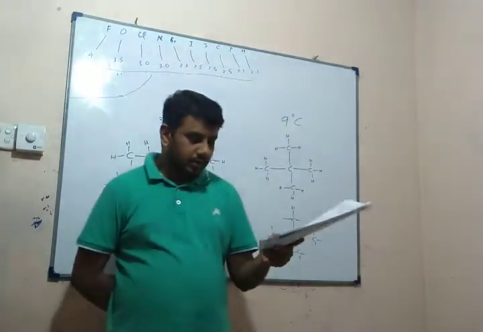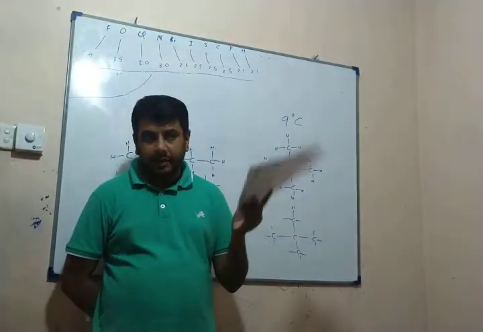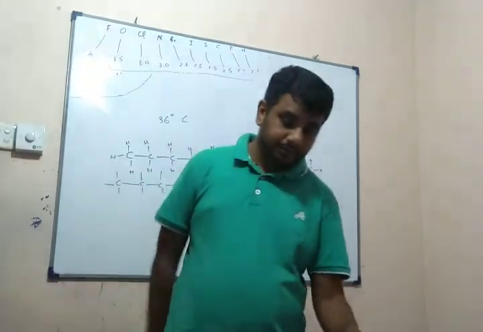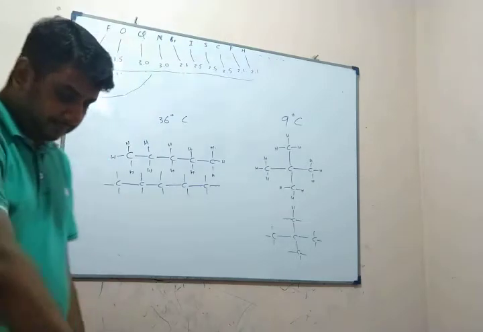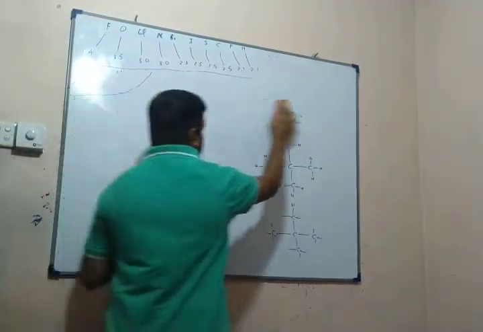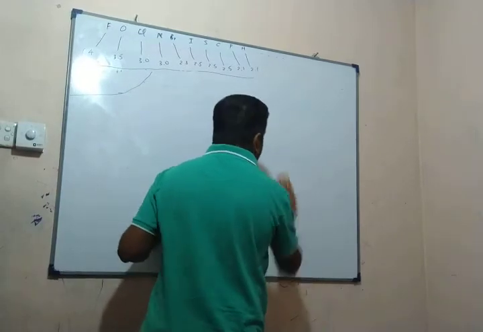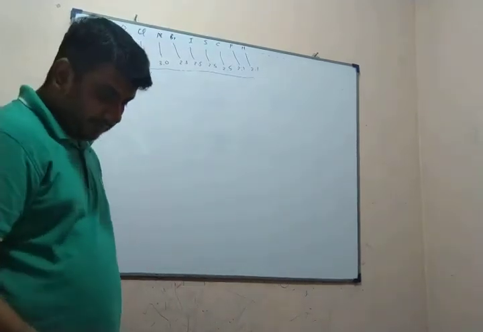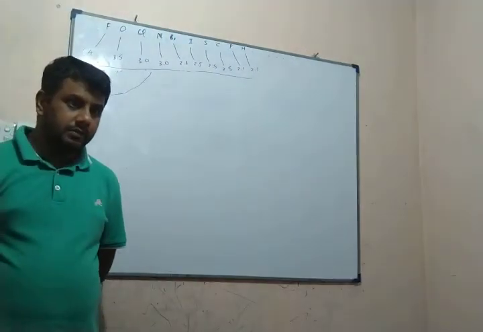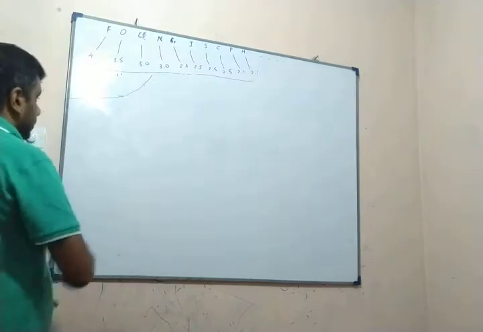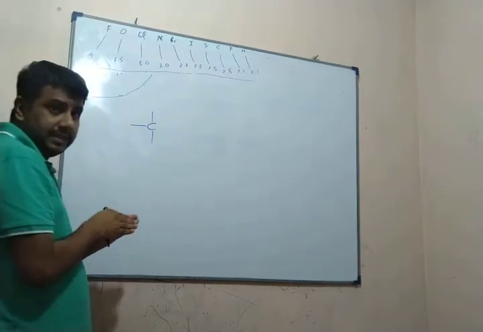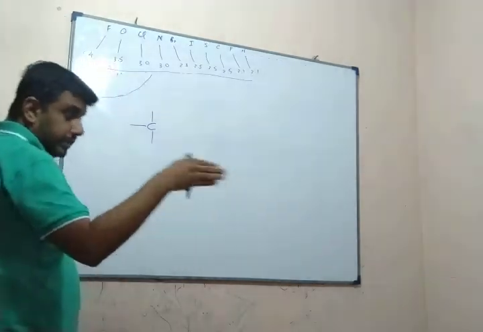Initially, hybridization type or S character. Higher the S character, greater is the electronegativity. For example, actually we have discussed this in unit 2 in hybridization.